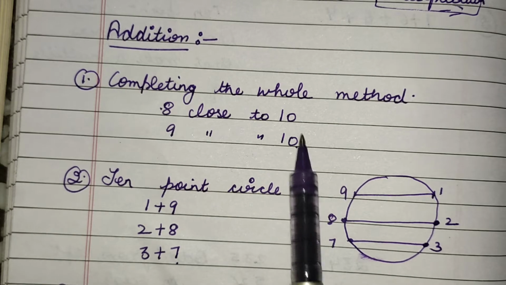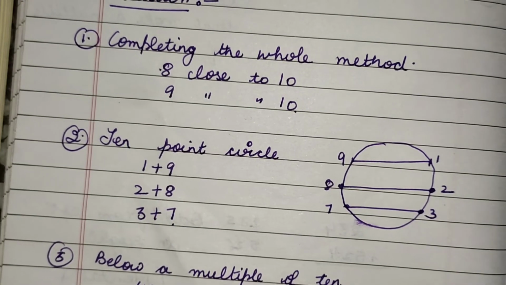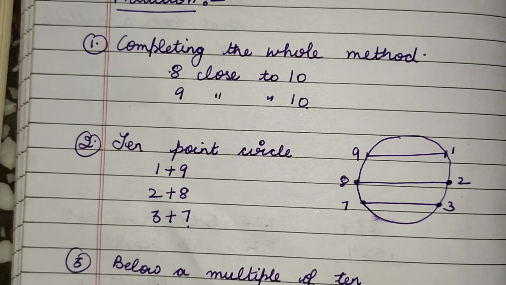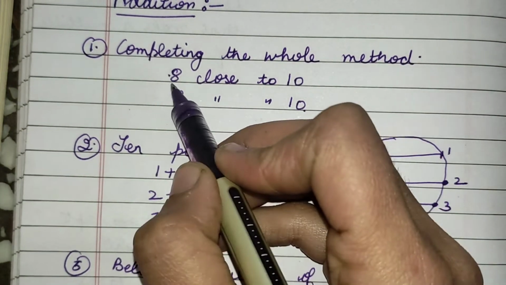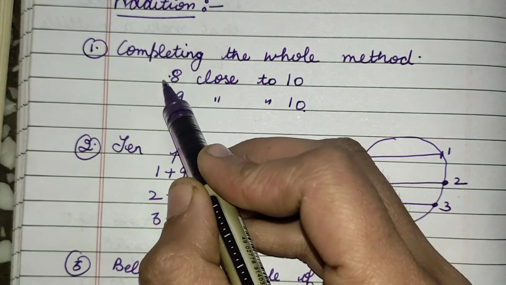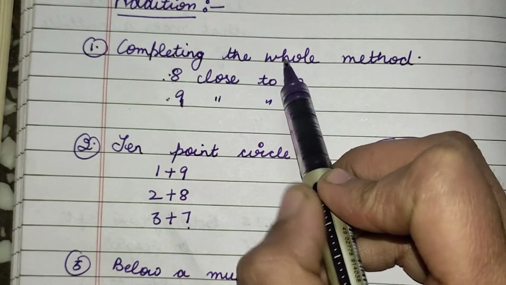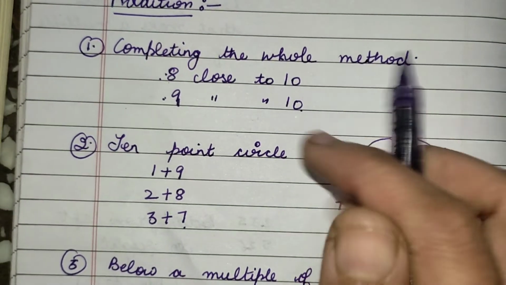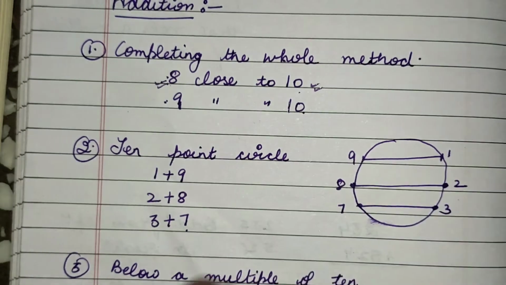By using Vedic Maths, there are 2-3 methods which we have to consider while doing addition. Let us suppose any number is given to us, like 8 or 9. The name of the first method is completing the whole, which means we complete our number to the nearest multiple of 10.